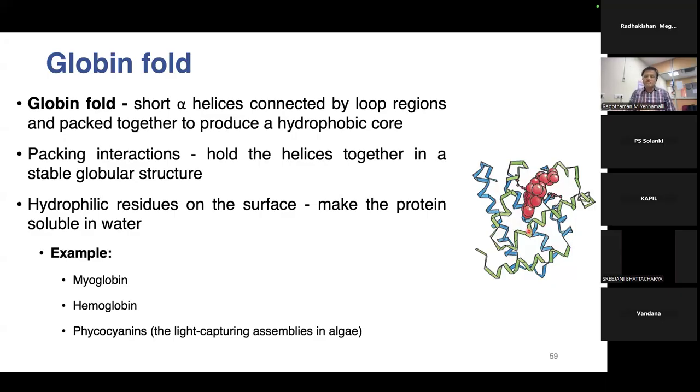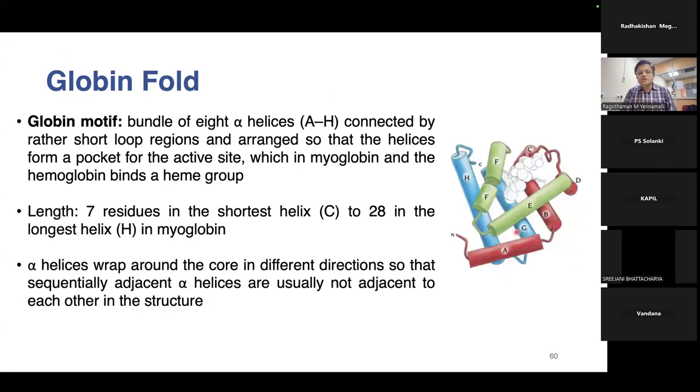The globin fold can bind to a particular inorganic compound, and the arrangement or architecture of these helices makes what is called a globin fold. The globin fold is made up of 8 helices labeled A, B, C, D, E, F, G, H, connected by short loops, and at this particular point the myoglobin and hemoglobin bind to a heme group.